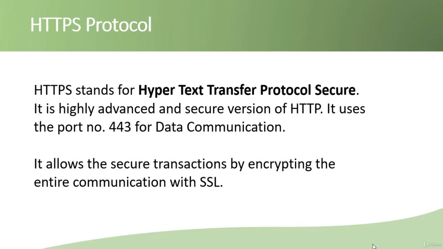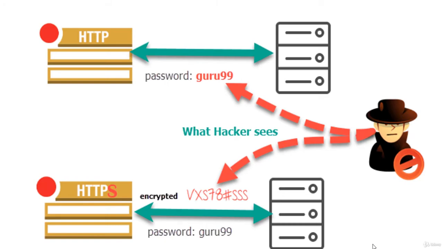Let's discuss it with the help of an example. I have taken this image from the internet, from guru99.com. This is a very good example to understand the concept of HTTP and HTTPS. You can see that if a website is using the HTTP protocol, Hypertext Transfer Protocol, whenever a password is used, a hacker can see that password straight away without any trouble.